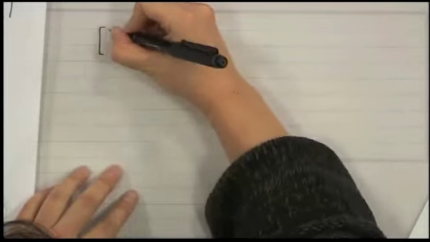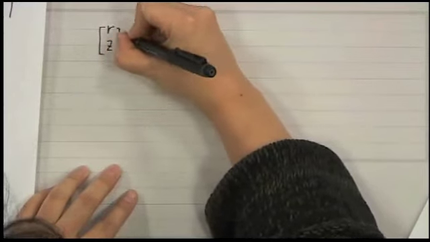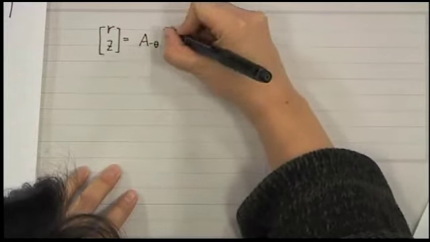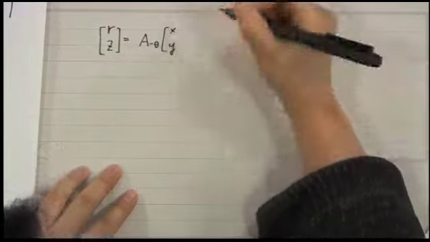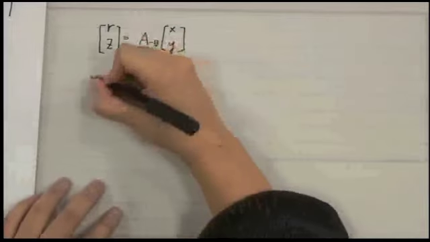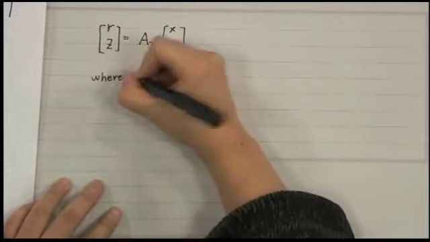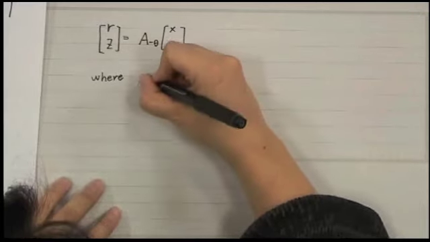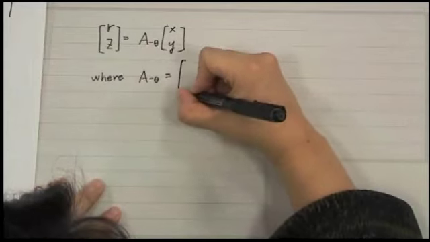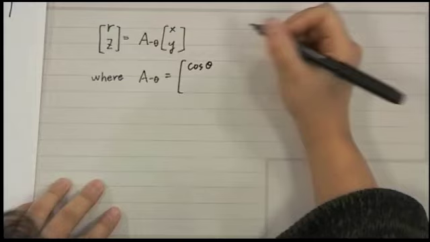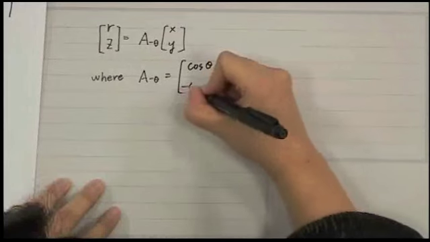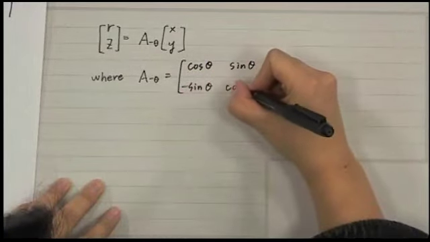So right now, we have this relationship, and A minus theta is minus theta cosine theta.